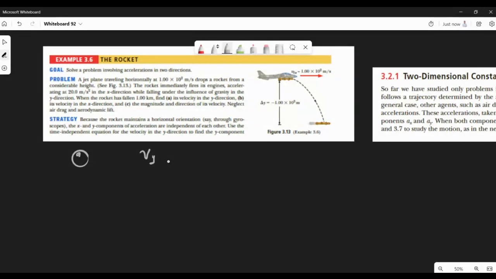They want the velocity in the Y direction, not Voy, Vy. What can we use? How do we find the velocity in the Y direction? What options do we have? Anyone?